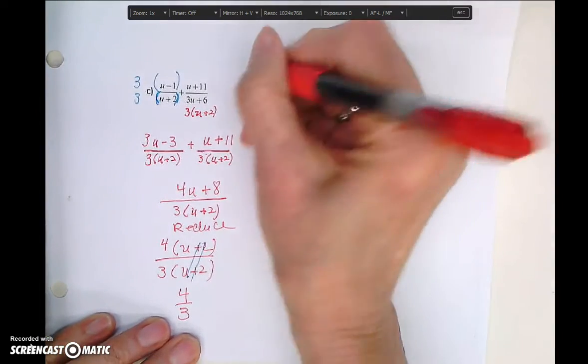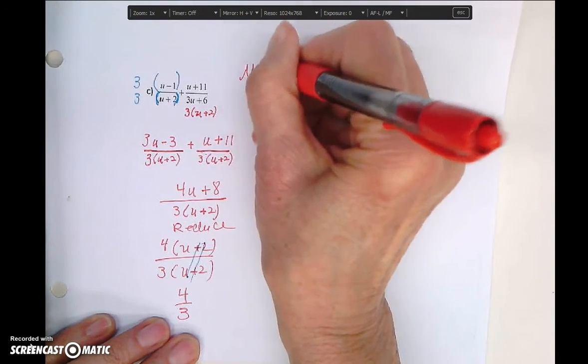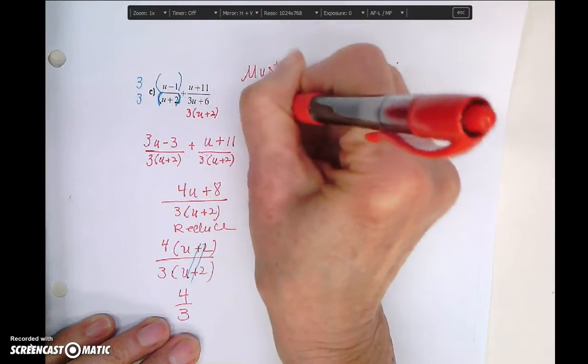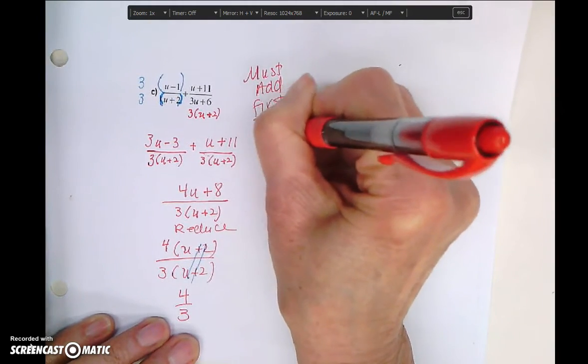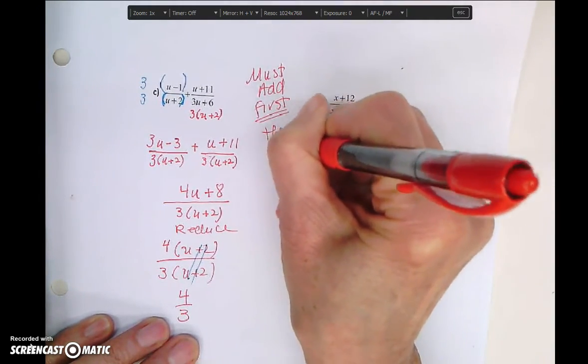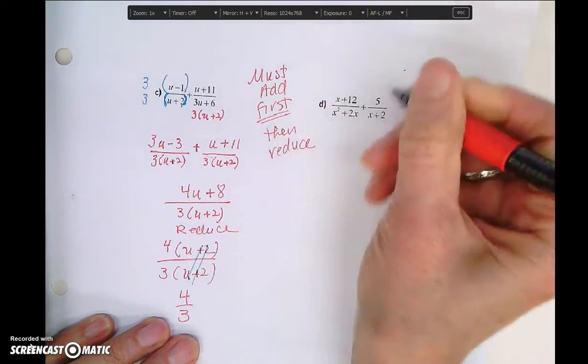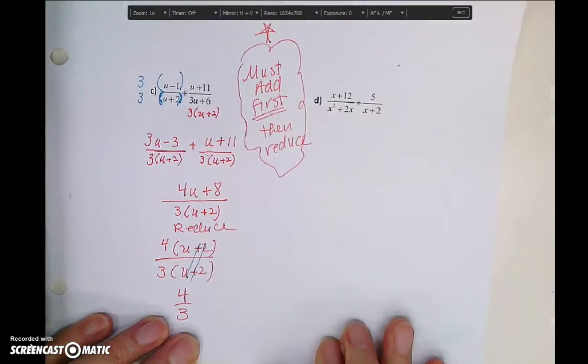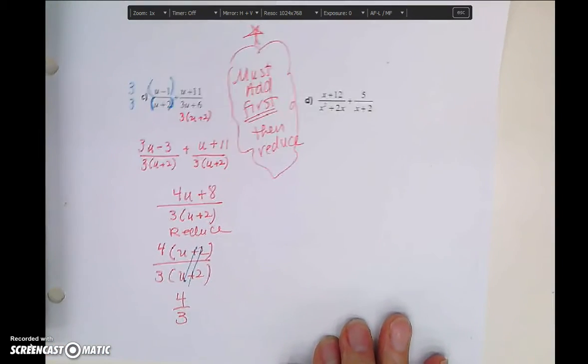Important, you must add first, then reduce. You can't reduce before you add. Put a little star right there. Must add first and then reduce.